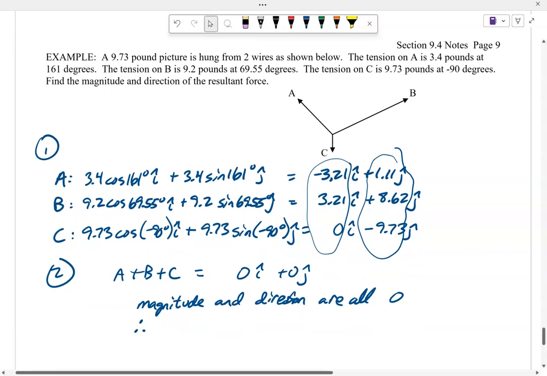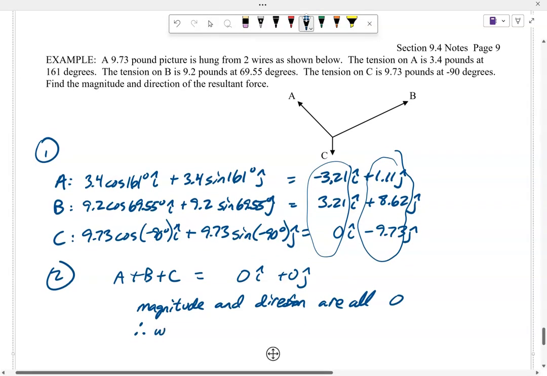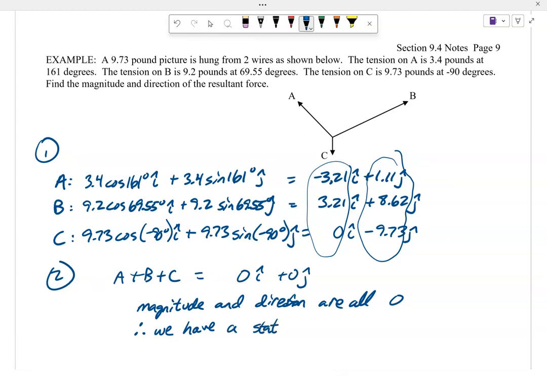Therefore, we have a state of vectors in static equilibrium.